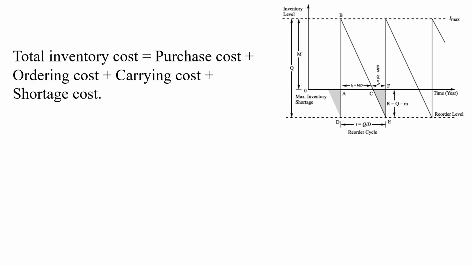The purchase cost is the annual demand D times the unit price C. It does not depend upon the order quantity Q, the stock level M or the shortage quantity R, so it is a fixed cost, not a variable cost.